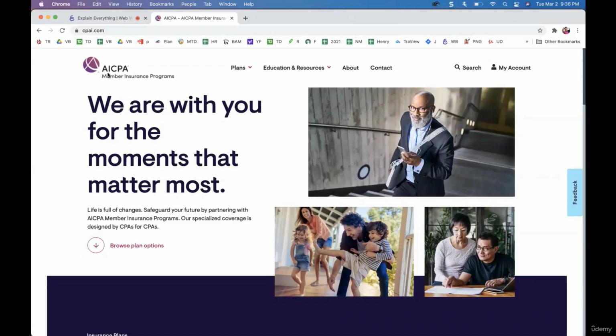AICPA stands for American Institute of Certified Public Accountants. So if you are a CPA and a member of AICPA, through this website, you can get insurance at a discounted premium. So this is what this website is all about.